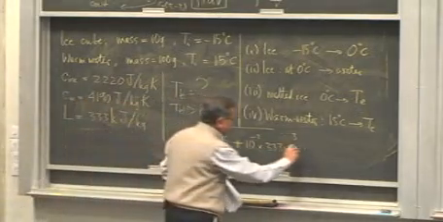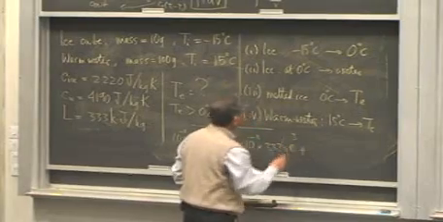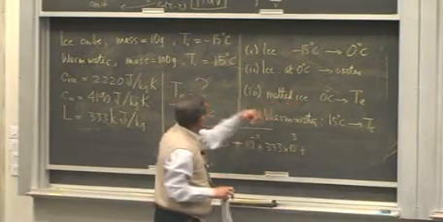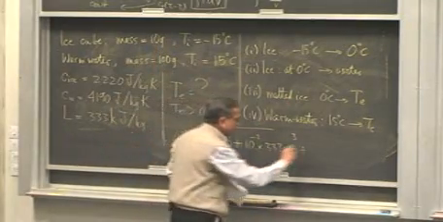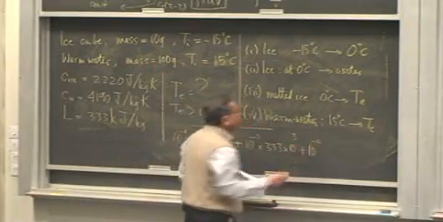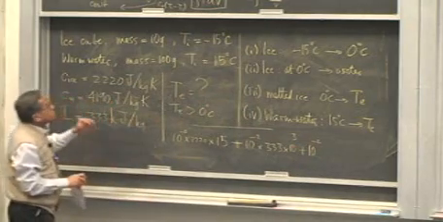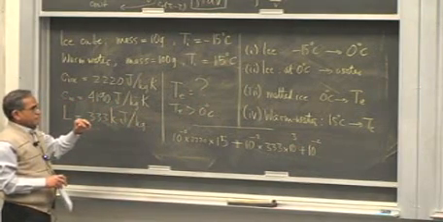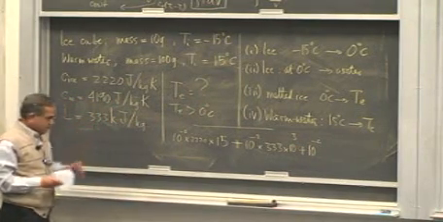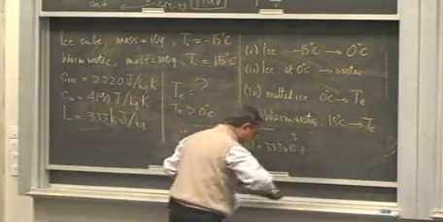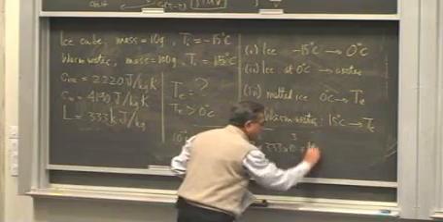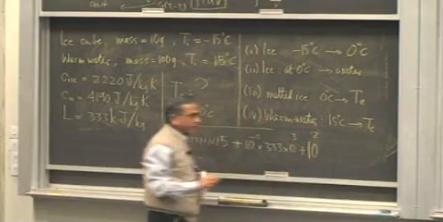The third part is when you have water, the mass of this water is the same as the mass of the ice cube, which is 10 to the power minus 2 kilograms.